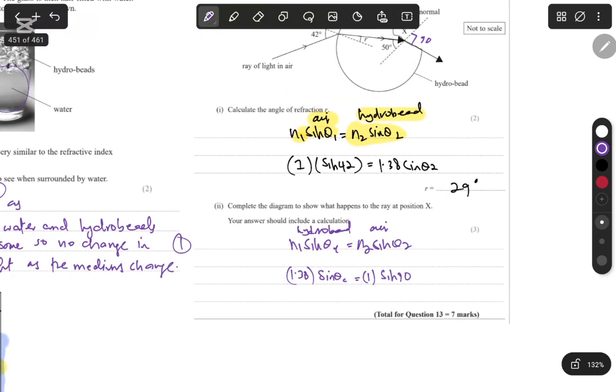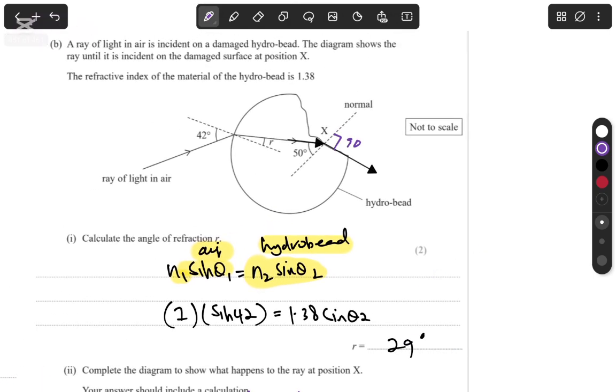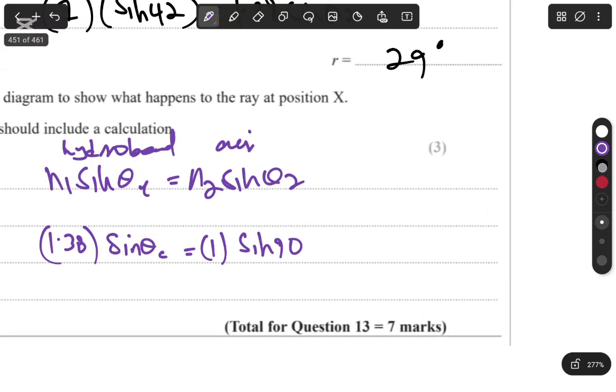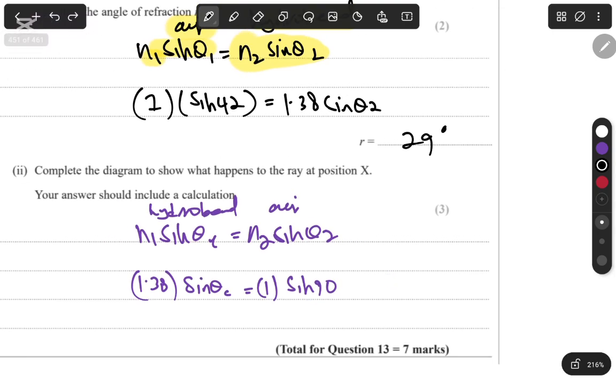Remember, I think I've said a couple of times the conditions for total internal reflection. You go from a more dense to a less dense medium, and your angle of incidence has to be greater than the critical angle. So we just want to fulfill those 2 conditions. The first condition is fulfilled. We're going from more dense to less dense, and now we just have to verify if the angle is greater than the critical angle.